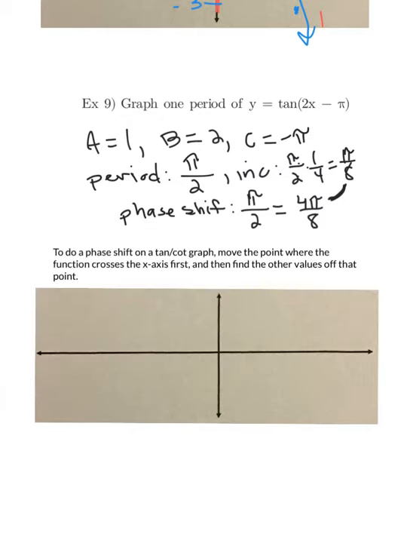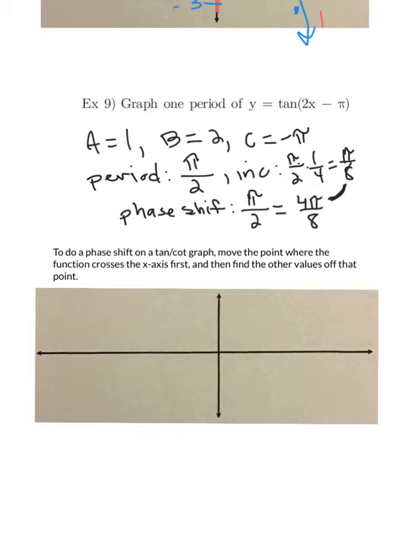When you need to do a phase shift on a tangent or a cotangent graph, you move the point where the basic function crosses the x-axis first, and then you find the other values off of that new point. Because this is a tangent function, the basic graph crosses at 0, 0.